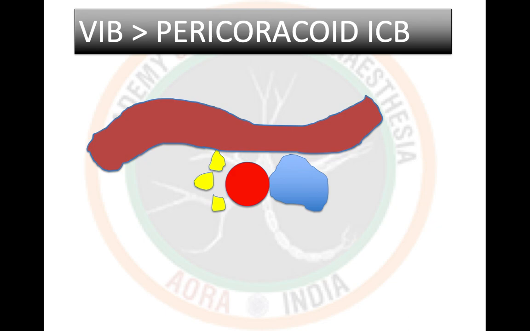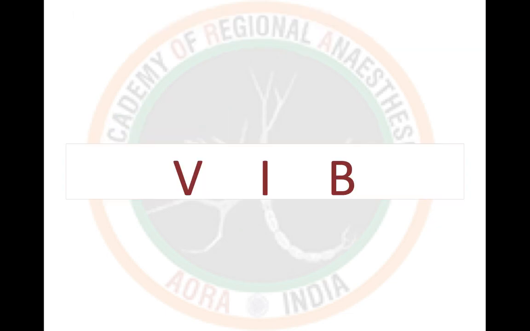But if you go a little distance away, little laterally, then they will take their anatomical positions, like the medial cord will go between the artery and vein, and the posterior cord will be posterior to the artery. So at the pericoracoid level, you will find these cords lying around the artery.